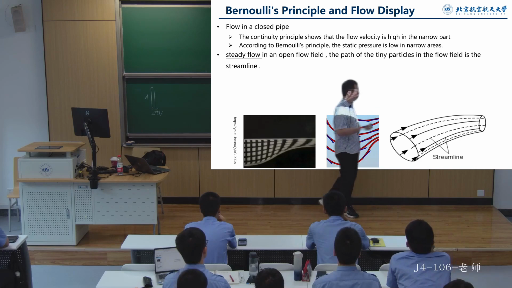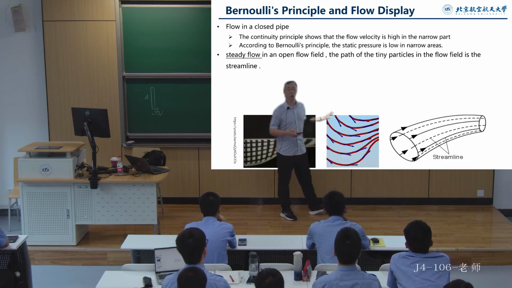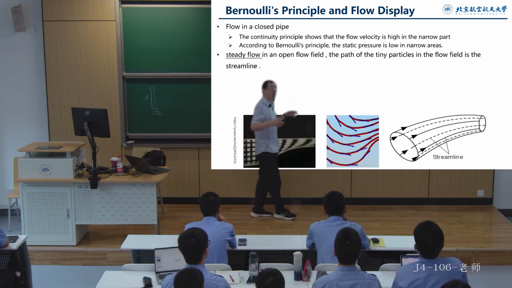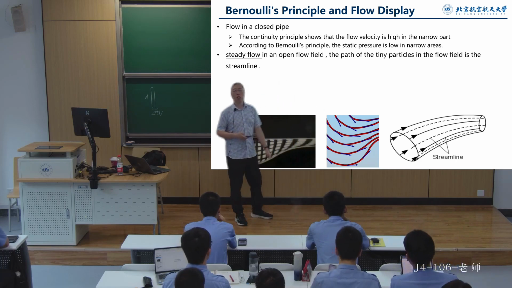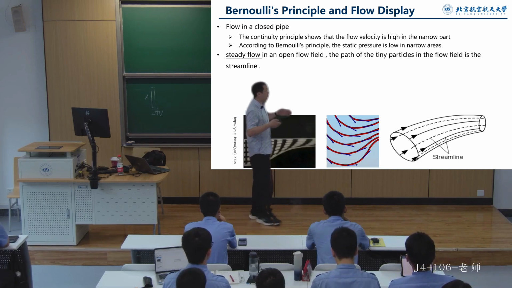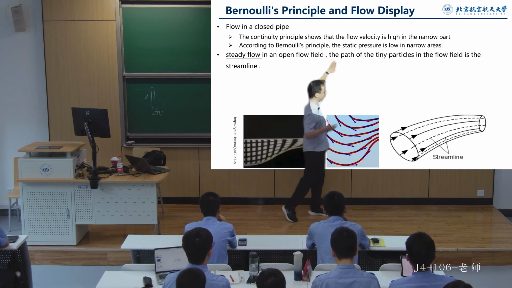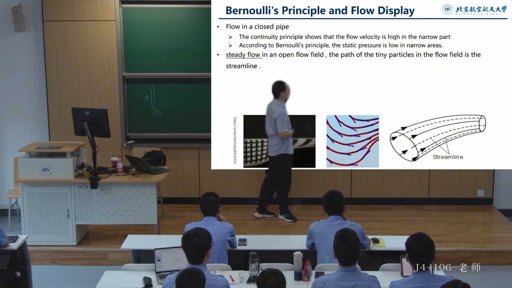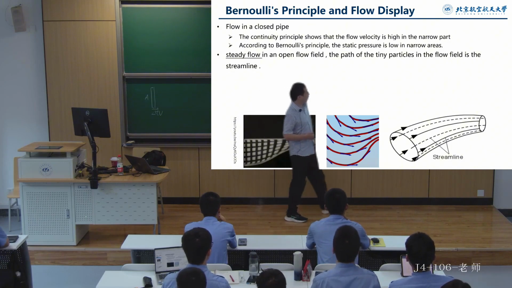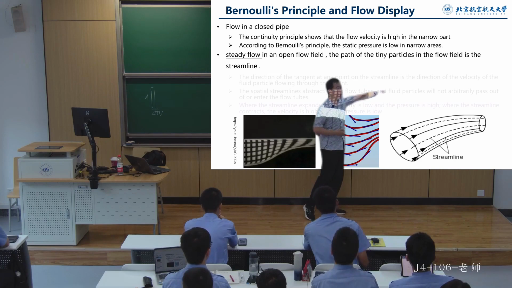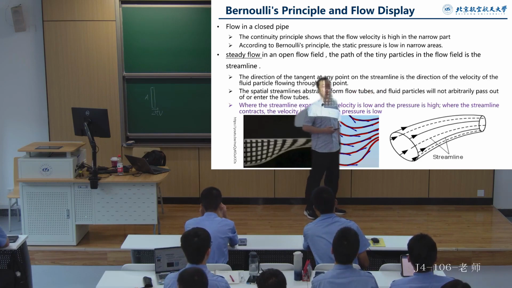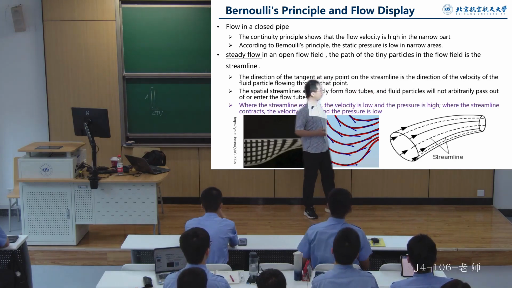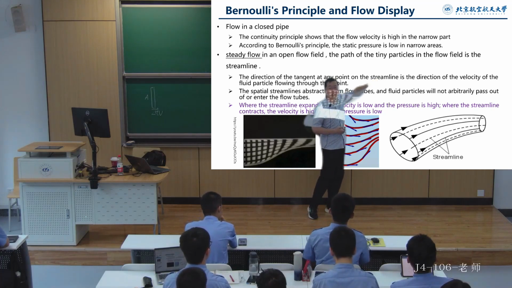This stream tube is actually exactly the same as the flow in a closed pipe. Previously, we derived a certain flow rate in a pipe flow. And in fact, we can use it here to express the relationship between pressure and velocity changes along a stream tube from upstream to downstream. By observing the expansion and contraction of streamlines, or the expansion and contraction of the stream tube, similarly, we can understand how the velocity behaves in the wider sections of the stream tube.